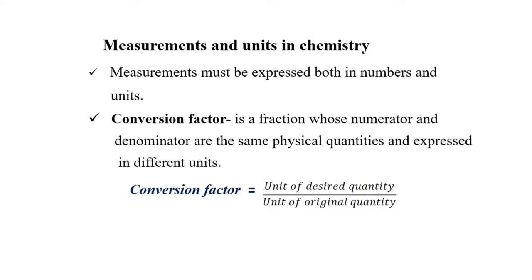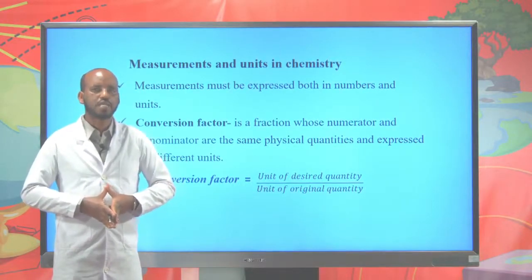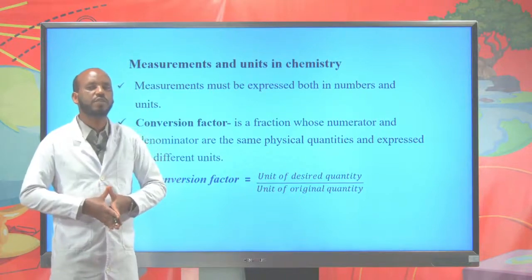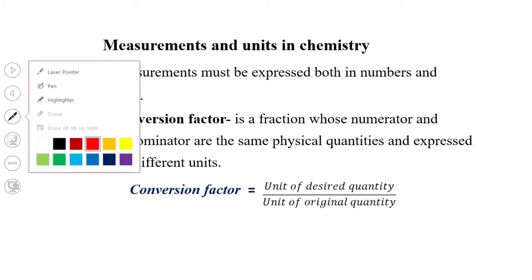Measurements and units in chemistry. Measured quantities without units attached to them are meaningless. For example, the distance between Addis Ababa and Awassa is 275.